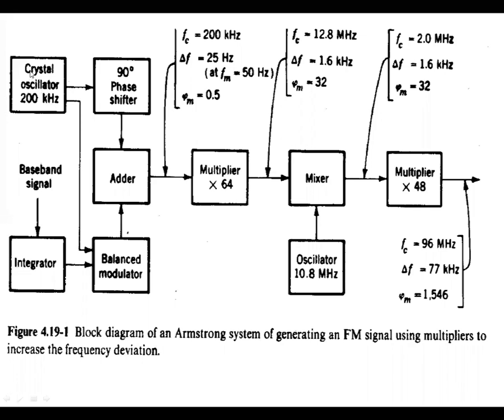This is the carrier frequency, generated by the crystal oscillator, that is given to a balanced modulator. The balanced modulator has two inputs. One is the baseband signal, which is given to an integrator, and the integrator output is given to the balanced modulator. Another one is the 200 kHz carrier. So can you guess what is the output of the balanced modulator?